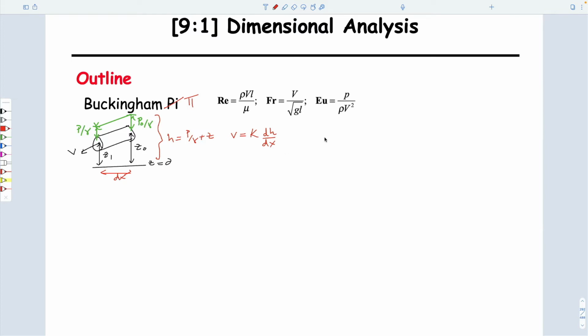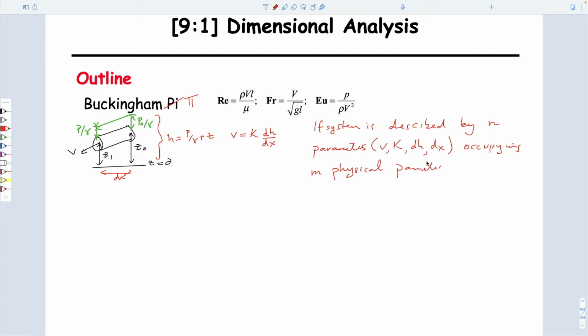It says that if a system is described by n parameters, I can't remember what we use in the text, and our n parameters here are velocity, hydraulic conductivity in meters squared per second, dH and dx, which is 4, occupying m physical parameters, and our m physical parameters will be mass, length, time, and maybe temperature.